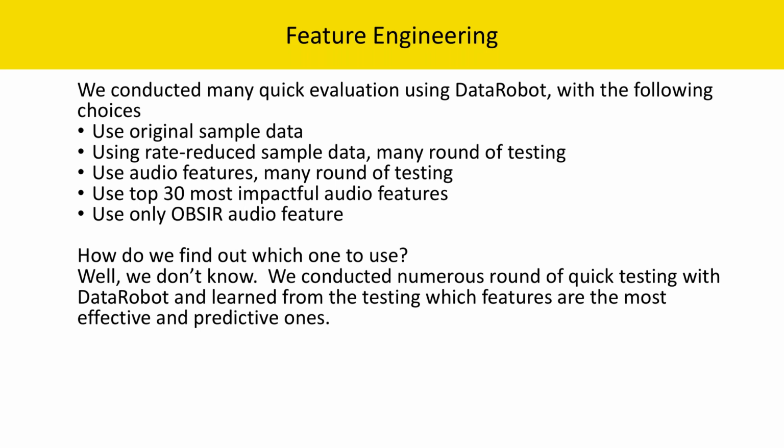I found that out of these 30 data points, more than half are coming from one category, which is OBSR audio features. For folks who don't know, OBSR stands for octave band signal intensity ratio.